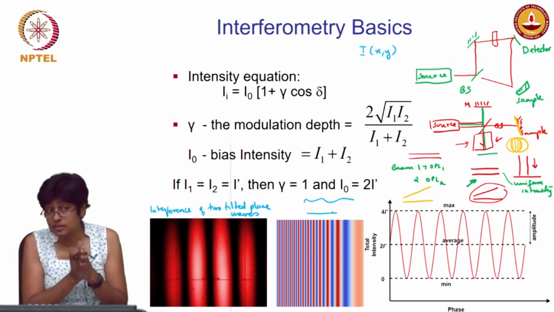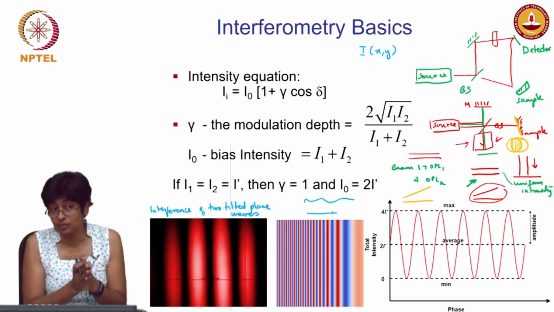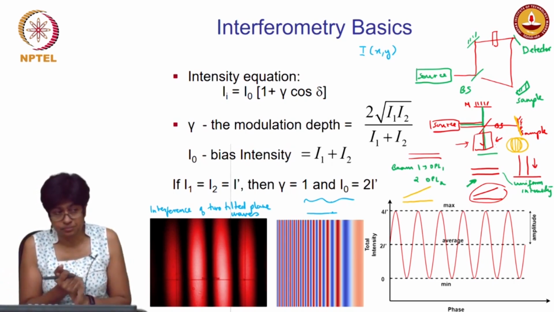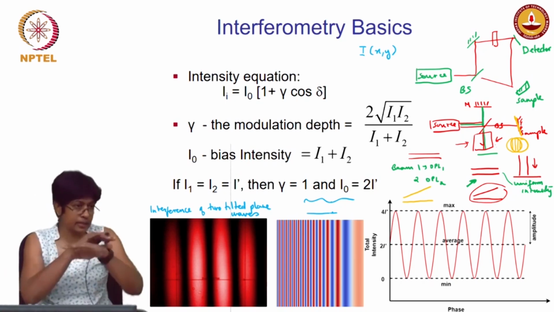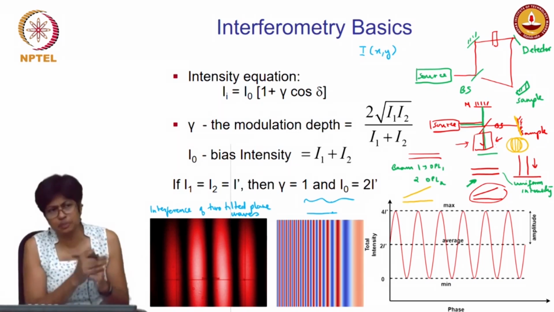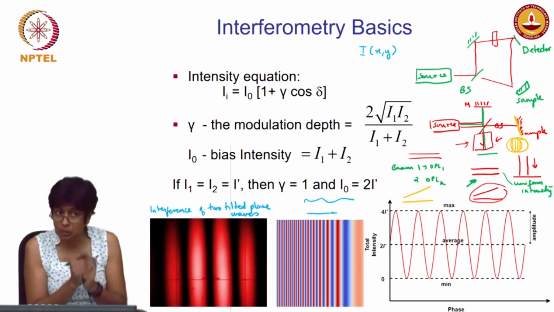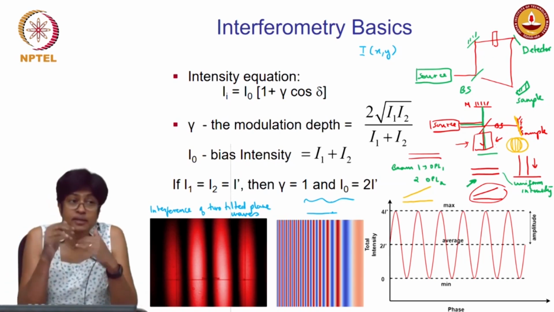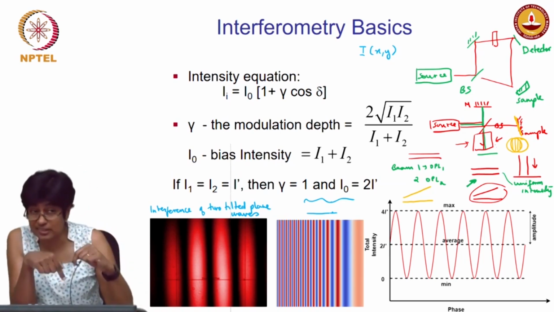You have to be very careful when you say Gaussian. All of these could be Gaussian beams. Gaussian refers to intensity. Be a little more specific when you say Gaussian, because we are interested in the phase.